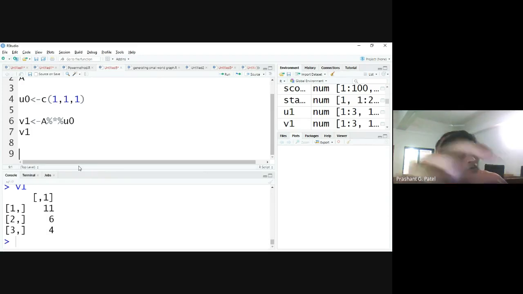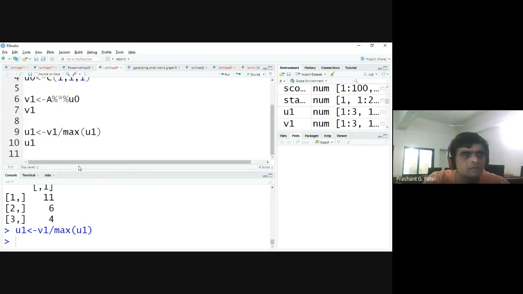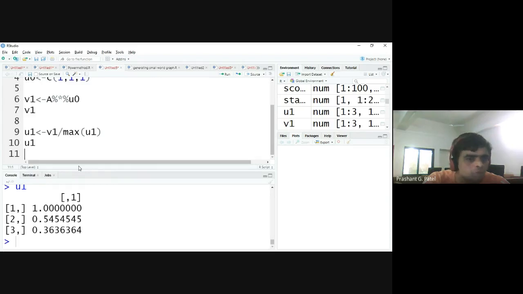Now we need to find the maximum value of V1, and that I can get by dividing by the maximum value. We'll call U1 as V1 divided by the maximum of V1. That is our first approximation. So what is the value of U1 now? You can check: 1, 0.54, 0.36.